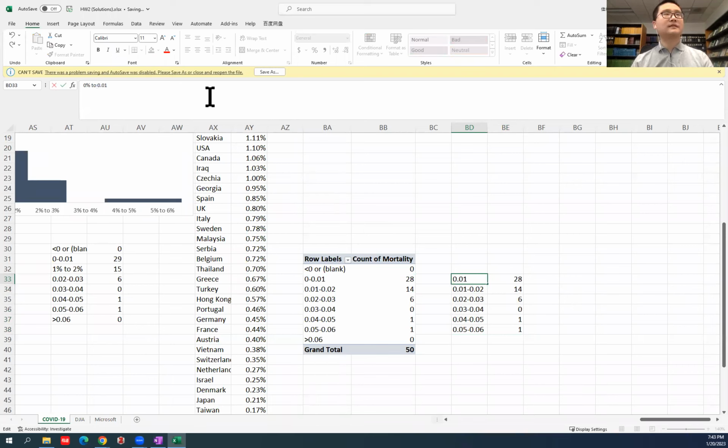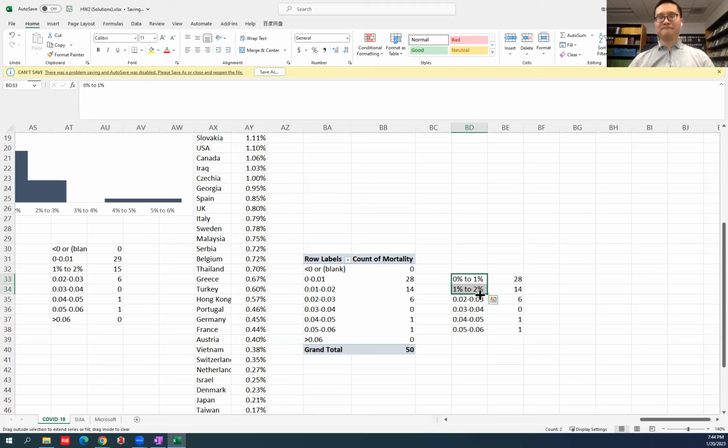For example, 0% to 1%. Then you can apply such changes to, let's see, oh, well, it's not that smart. But if we populate another row, let's see whether it can autofill all the other rows.